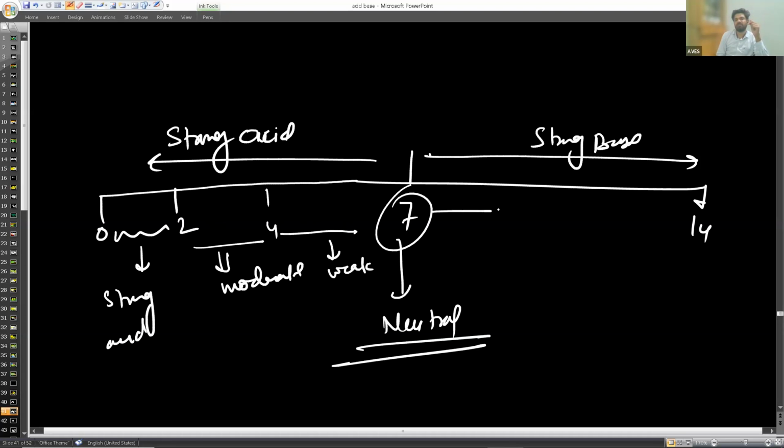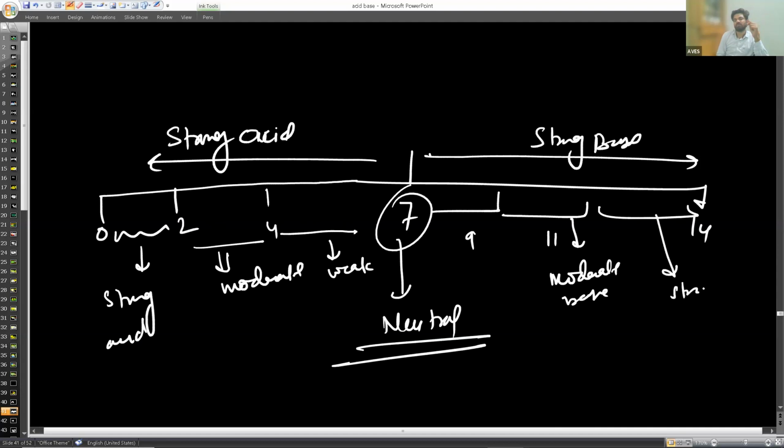Similarly, here weak base up to 9, 9 to 11 moderate base, and then 11 to 14 is strong base.